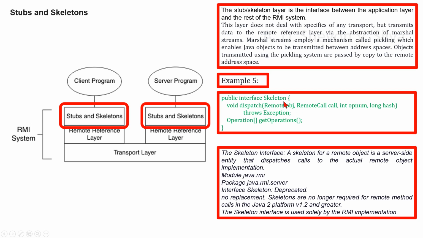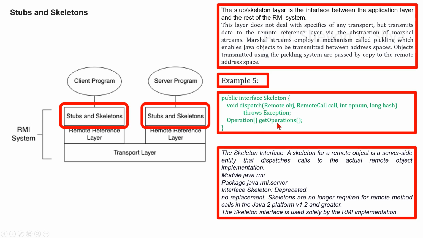The dispatch method unmarshals any arguments from the input stream obtained from the call object, invokes the method indicated by the operation number opnum on the actual remote object implementation object, and unmarshals the return value, or throws an exception if one occurs during the invocation.